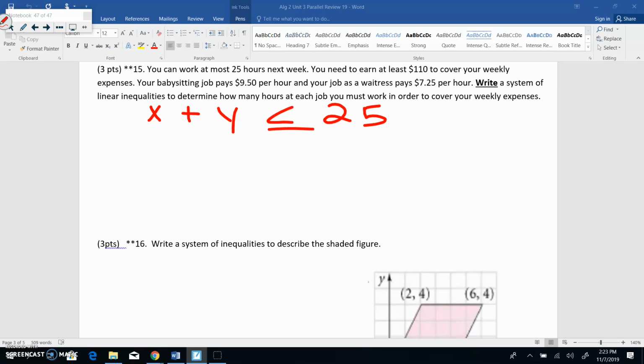I make $9.50 at my babysitting job and $7.25 at the waitressing job, and I need to make at least 110. At least 110 tells me I want to make more than or exactly $110. So there are your setups, and you are done with this question. There is no more work to this.